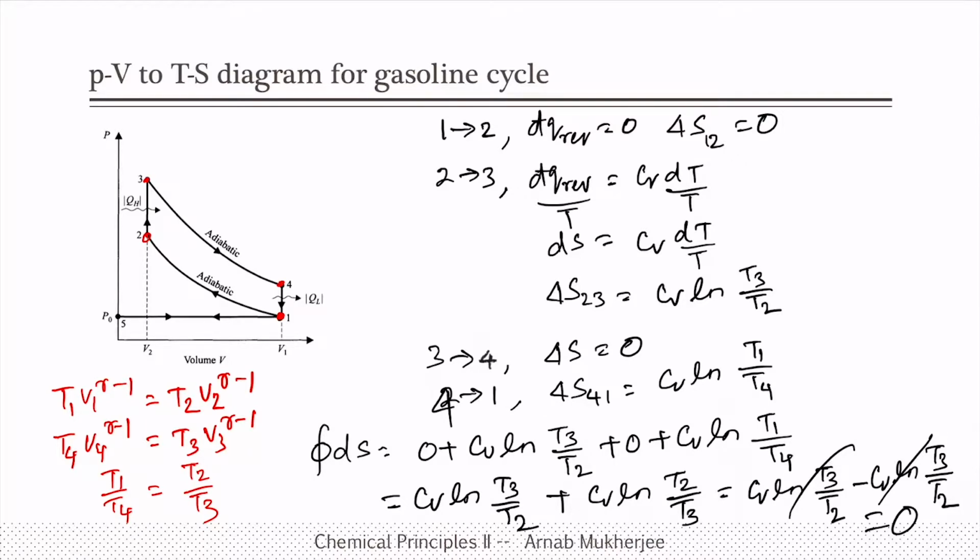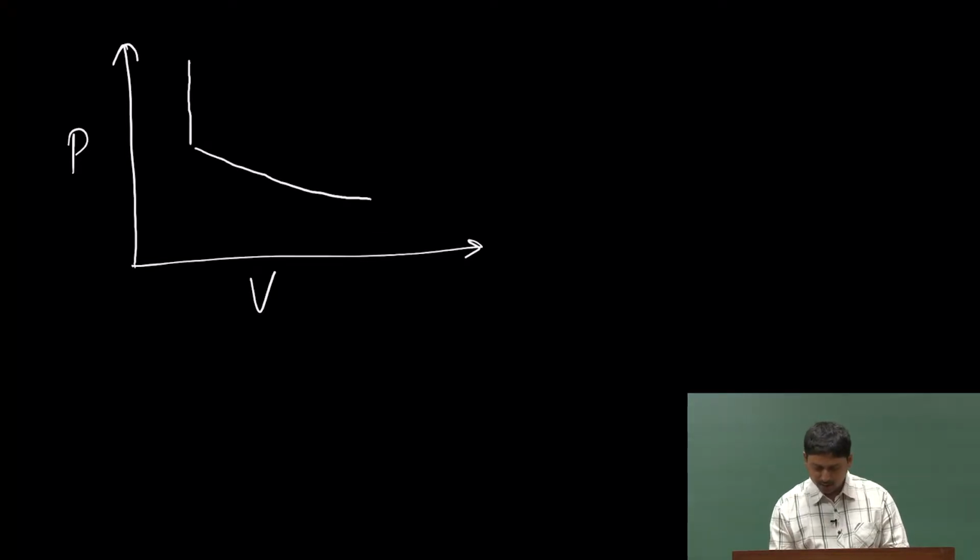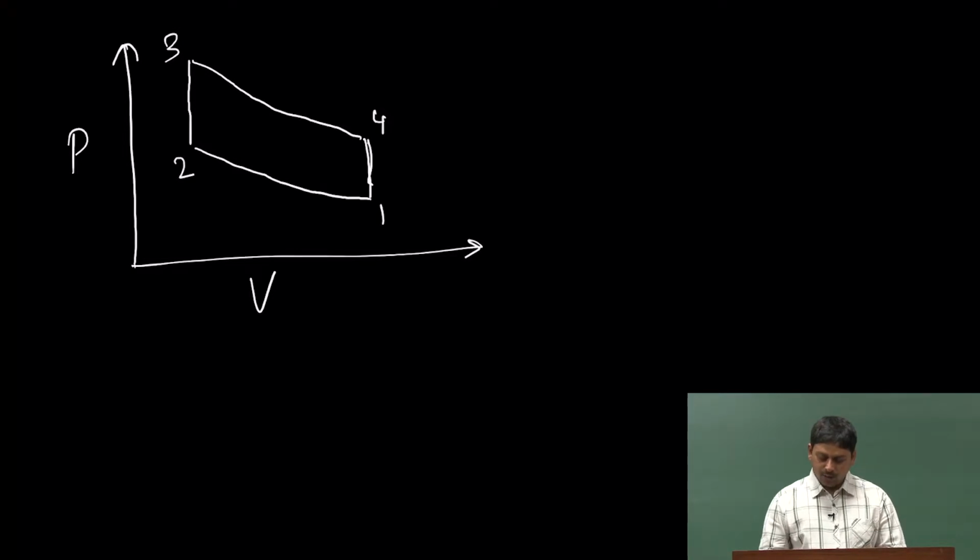Now, we are going to show how the PV and TS diagram will look like. So, this is our PV diagram, where this is an isochoric step, this is an adiabatic step, and this is an isochoric step, 1, 2, 3 and 4. Now, we have to understand one thing.